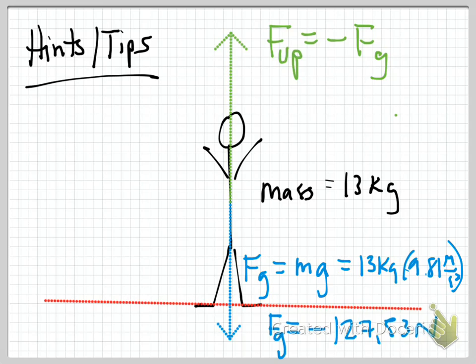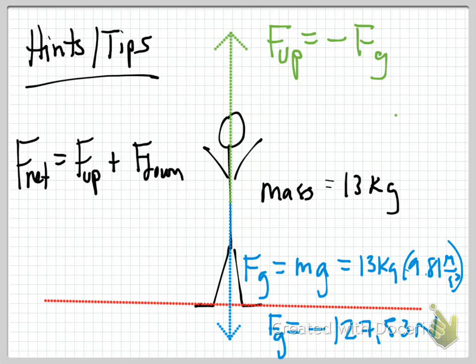Okay? Because we know that if they're not rising or sinking, they're not accelerating, so what's the net force on them? 0. So let's walk through this algebraically, just to make sure it's clear for everybody. The net force is equal to the force up plus the force down.